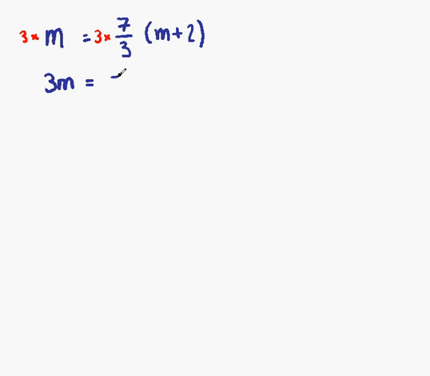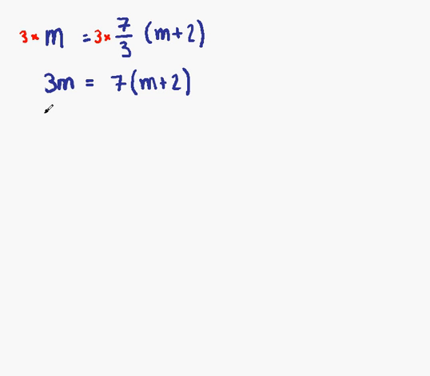So we have 7 brackets m plus 2. So our first step was to remove any fractions that were attached to letters, and we have done that. If you think back, the next step was to remove any brackets. Now, this question looks much the same as the ones we did in our previous lesson. So all we have to do is remove the brackets on this side, simplify and solve for m.